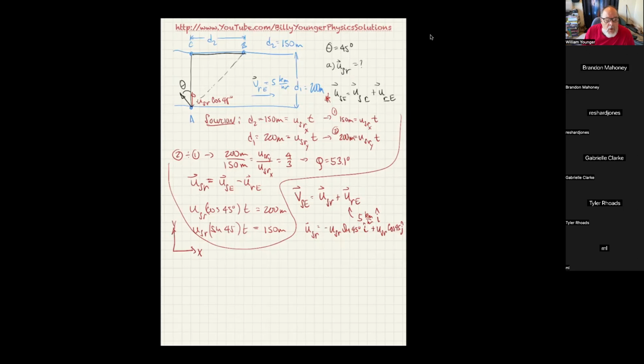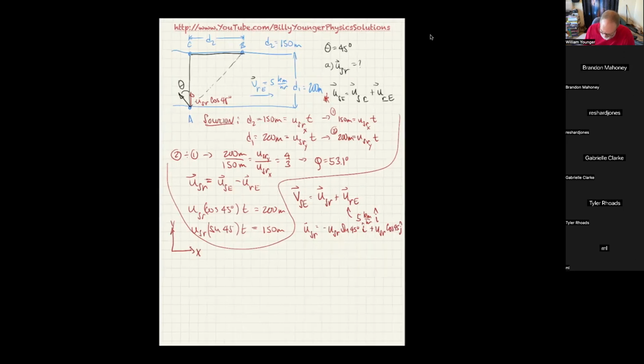What we do know is they didn't give us any maximum speeds or anything like that. Okay, so I can say that this is going to be negative U_SR. Of course, the sine of 45 is square root 2 over 2, and then that'll be I hat plus U_SR again times the square root 2 over 2, only this time it'll be positive. There's your J hat.